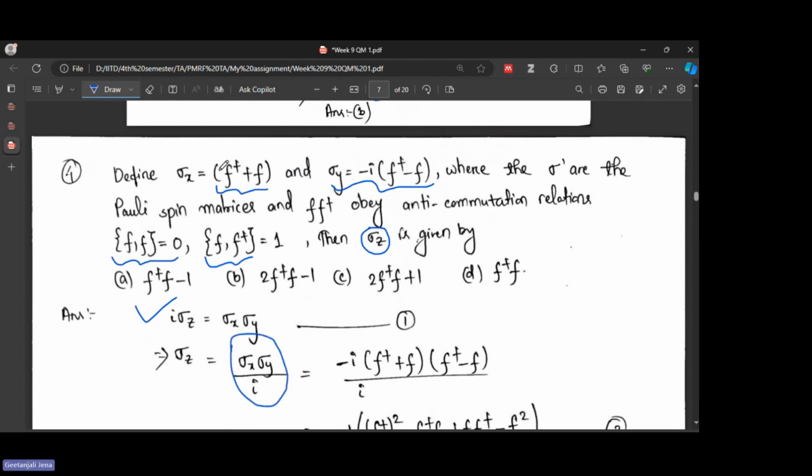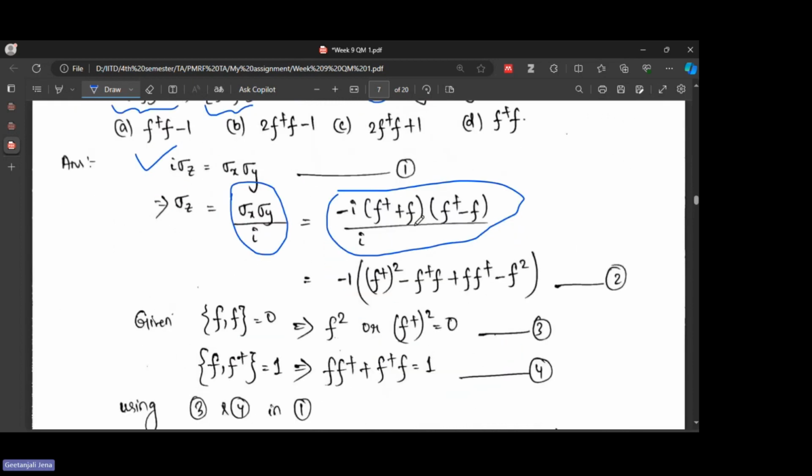Now you have to just put in the expression that is given to us and solve this. If you solve this, you will see it will be f dagger square minus f dagger f plus f f dagger minus f square.